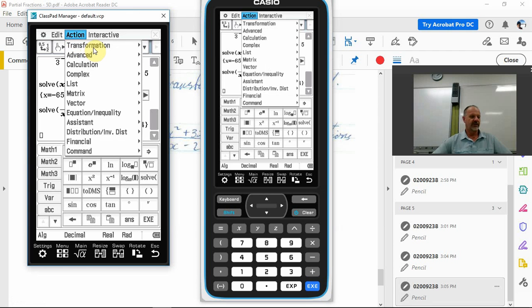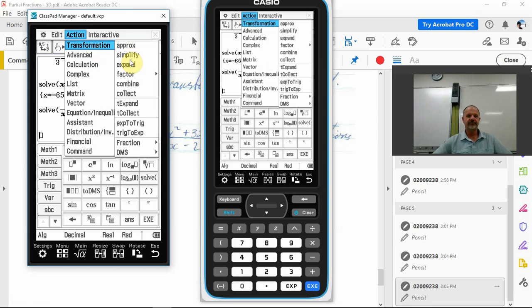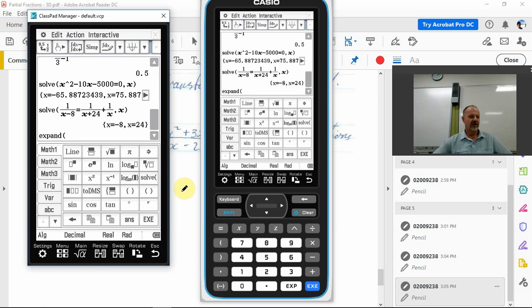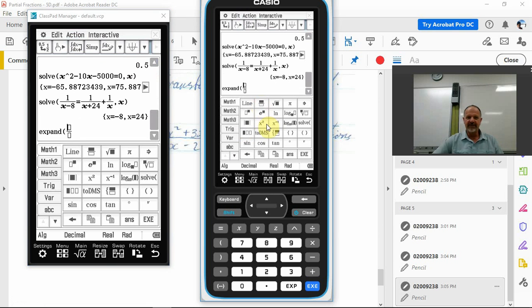Action, transformation, expand. What are we expanding? We're expanding some fraction, and this particular one is 2x cubed minus 5x squared plus 3x plus 7 over x squared minus x minus 2.